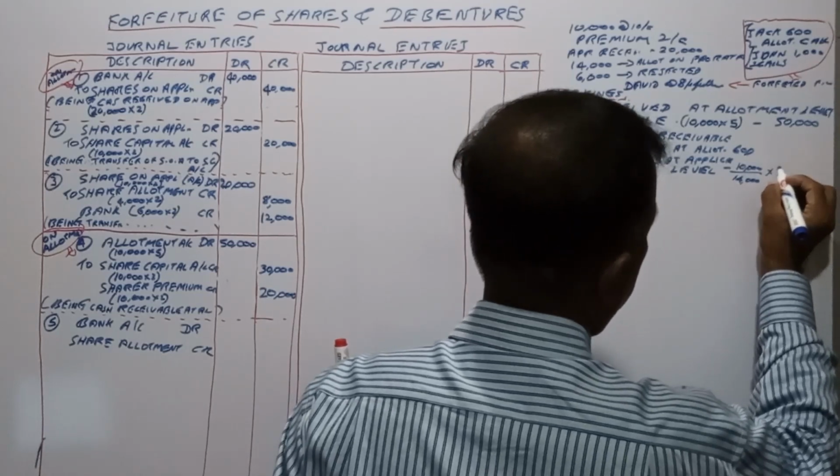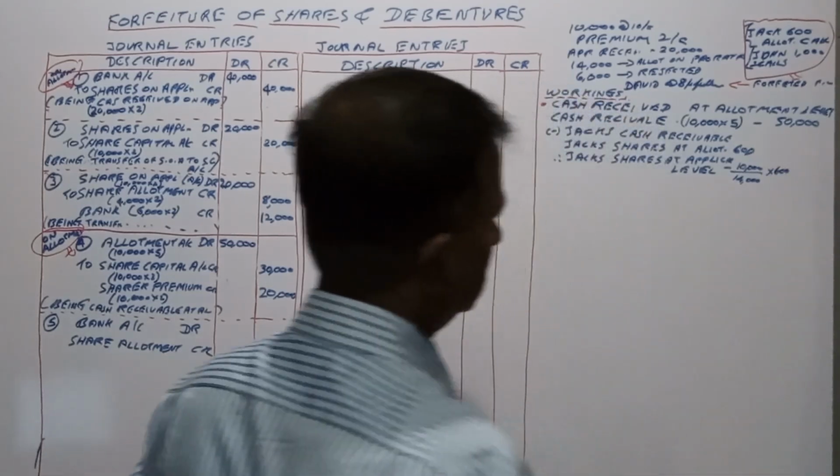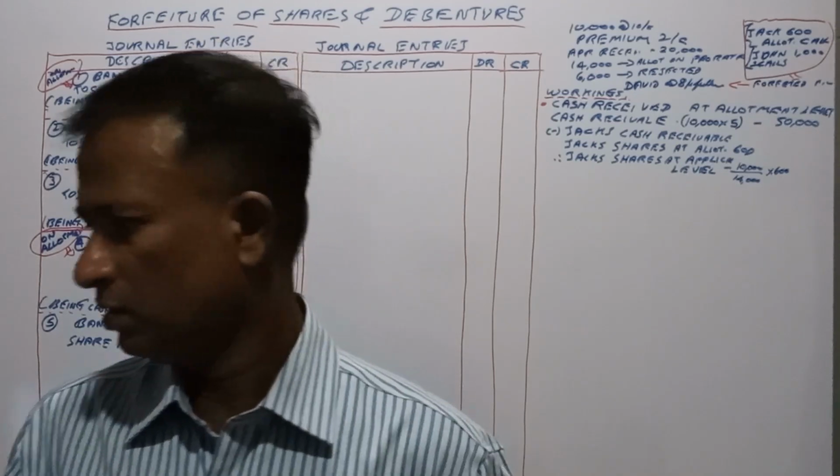Into 600 shares. Then how much we will get?